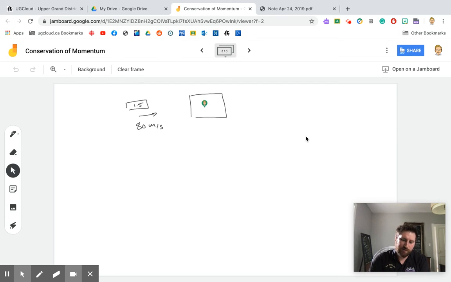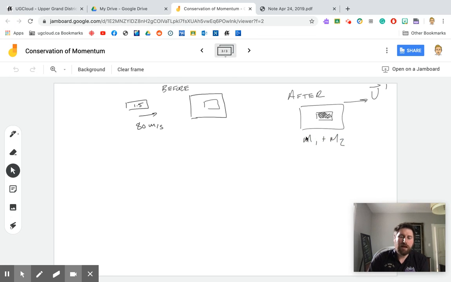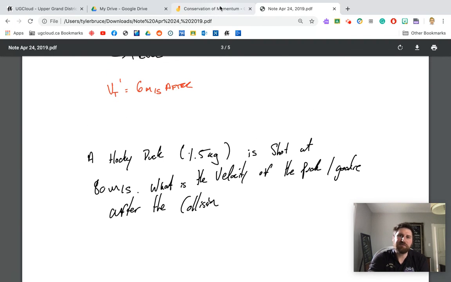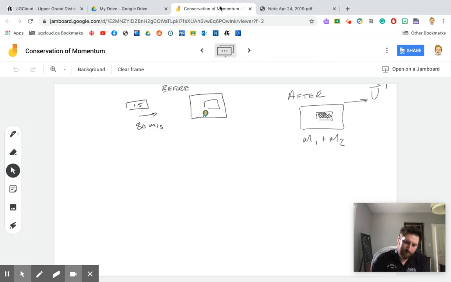That is just going to be a box with a hole in it right now, before the collision. And then after the collision, we're going to have one mass with the puck in it, all going at the same velocity prime, which we don't know. And the mass is just going to be equal to M1 plus M2. The goalie is, I didn't write it down, but let's just say that the goalie is 65 kilograms.